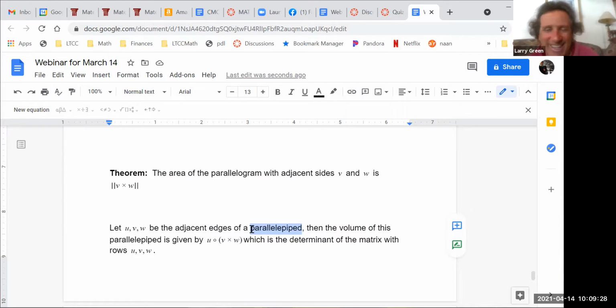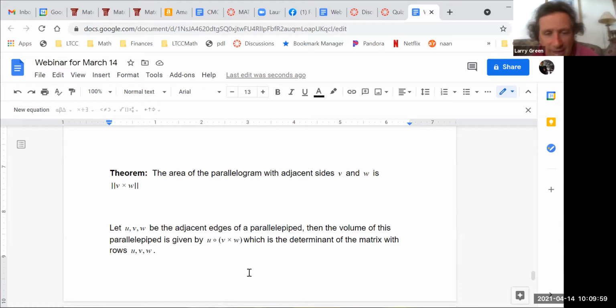Good try, though. It has to do with a parallelogram in 3 dimensions. So it's kind of like a rectangular solid or a cube. A cube is to a square as a parallelepiped is to a parallelogram. So it's a 3-dimensional parallelogram. It means you take 3 adjacent vectors, and then you make a parallelogram in 3 dimensions.